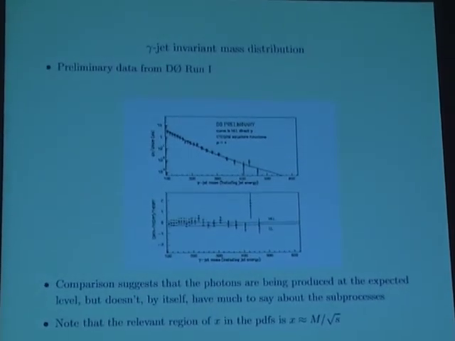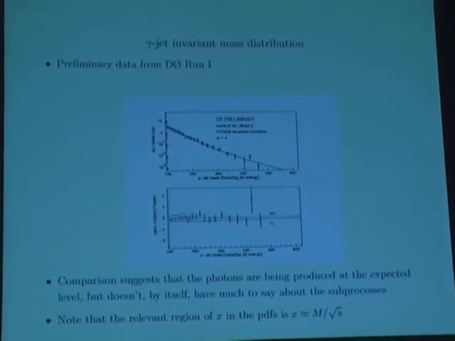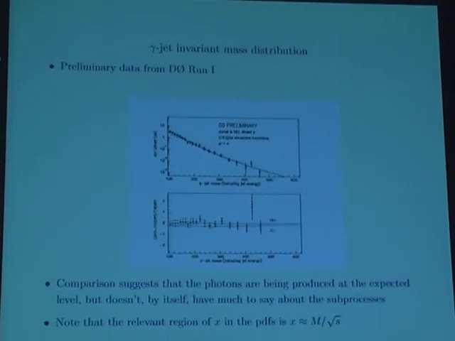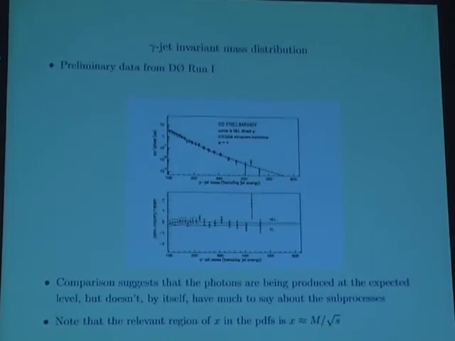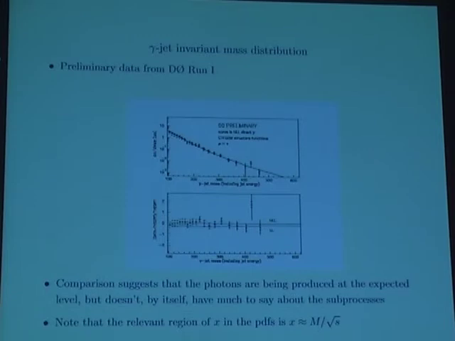So here's some D0 data from Run 1. It is in fact the only data showing a photon jet mass that I'm able to find. And you'll see that it does in fact look to be in rather good agreement with the theory. So that doesn't tell you a lot about the detailed dynamics, but it does tell you that the photons are being produced at roughly the rate that one would expect.